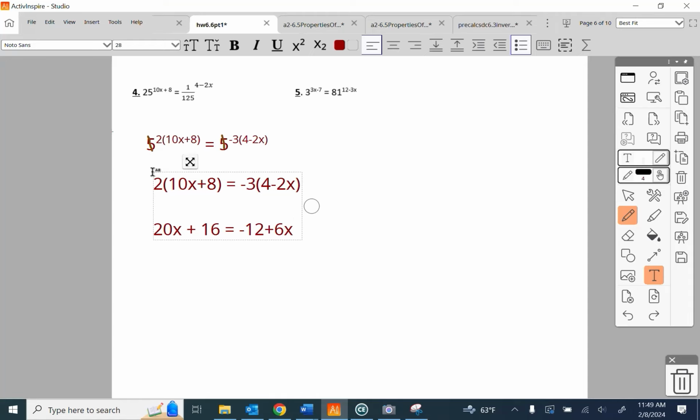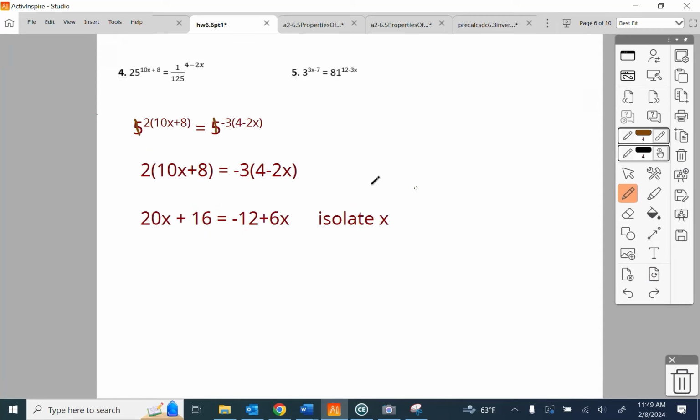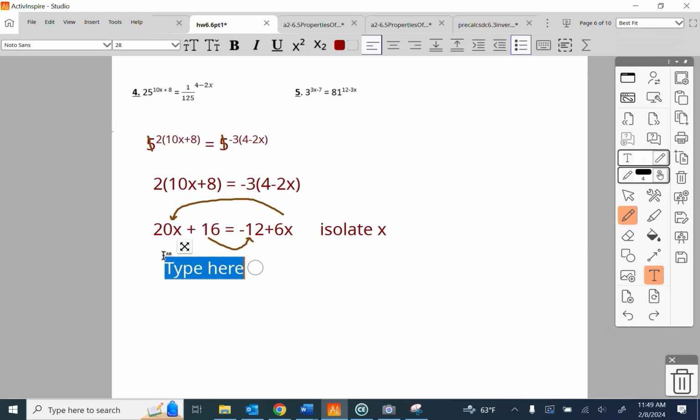We're going to move things around. We're going to get our x's on one side. We're going to isolate x. It's going over here. And this is going over here. 20 minus 6 is 14. And negative 12 minus 16 is negative 28. I end up with a nice, pretty x value of negative 2 when I do the division.